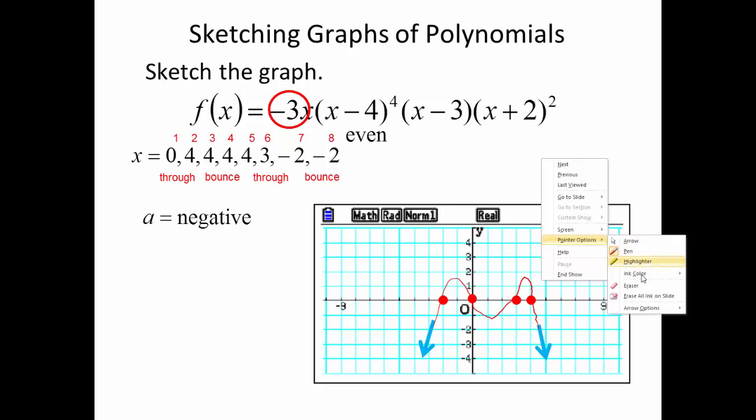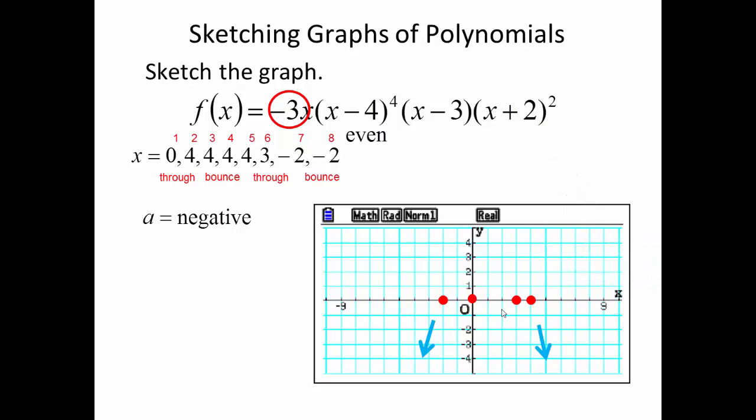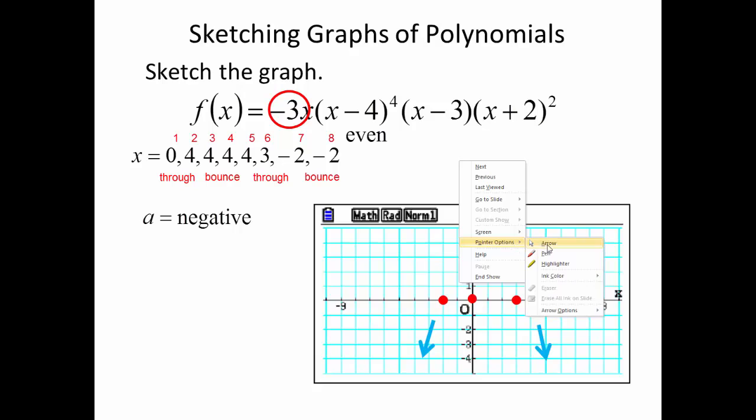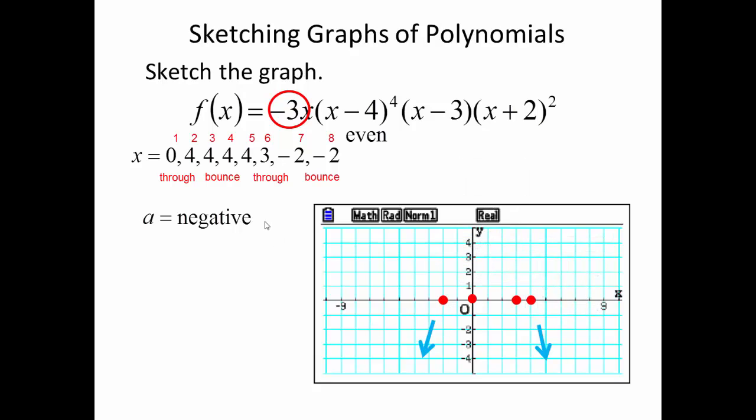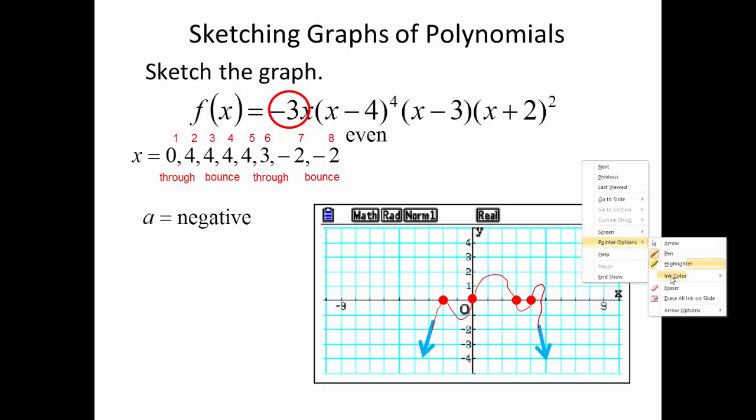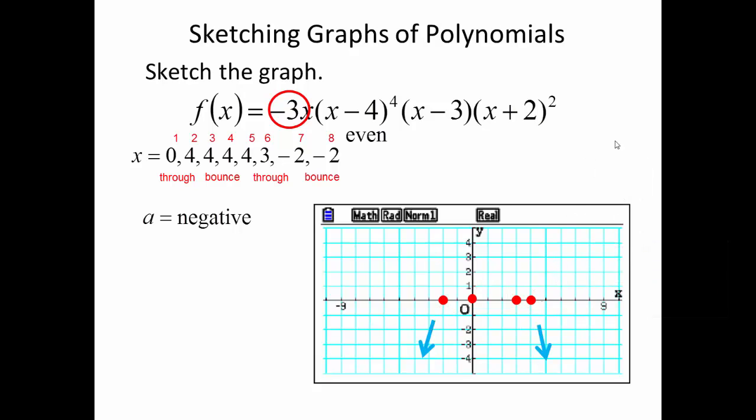Or you're also not allowed to say, okay, I have to bounce off the negative 2, so I'm going to bounce off this one and go through here, go through here, and go through here, and oh, I need to go back down. I have to go back down this way. Now you created another place where you cross the x-axis. You made another 0 which didn't exist. You can't do that either. Alright, let me get rid of this line here. That's not supposed to be there.